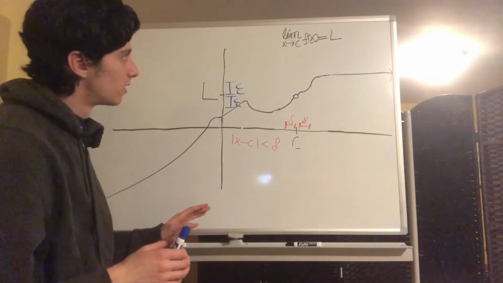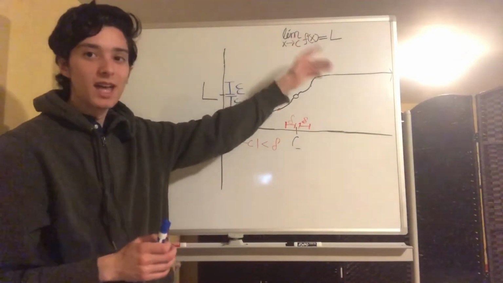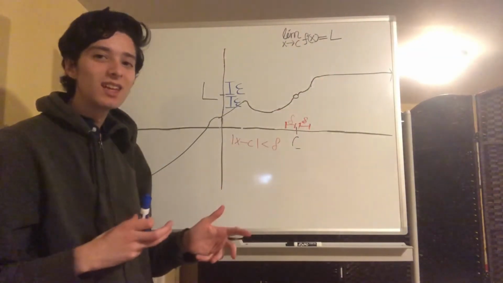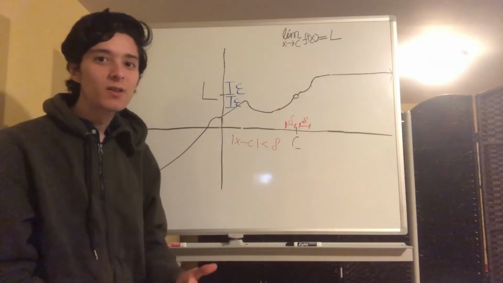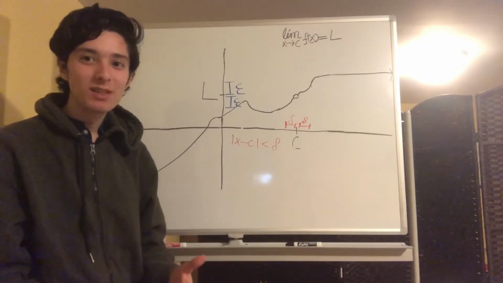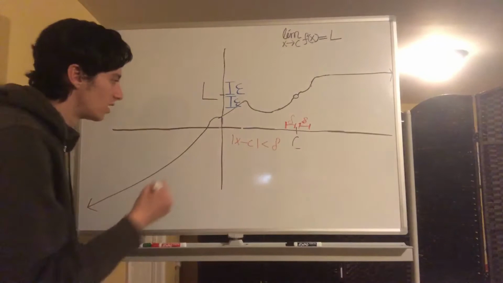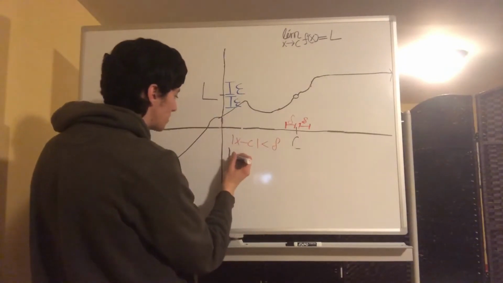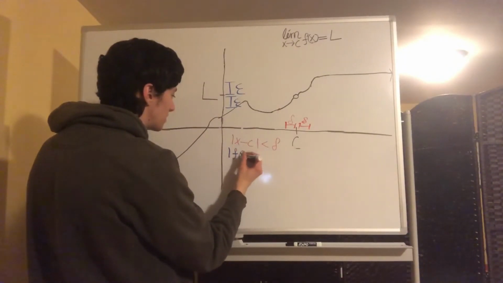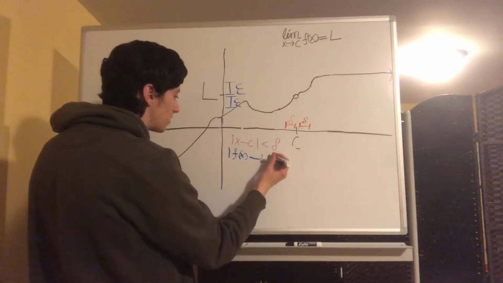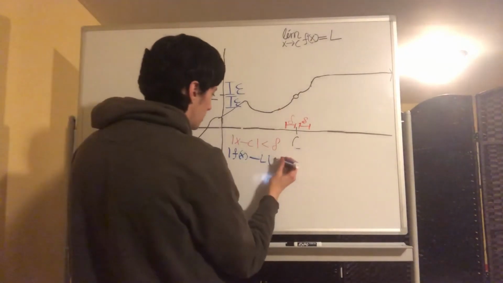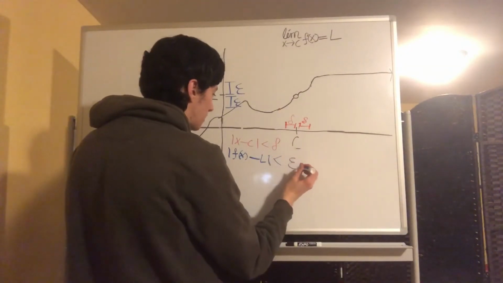Well, the values of f of x will be close to L. The distance between f of x and L is going to be less than epsilon. So we can say the absolute value of f of x minus L is less than epsilon.